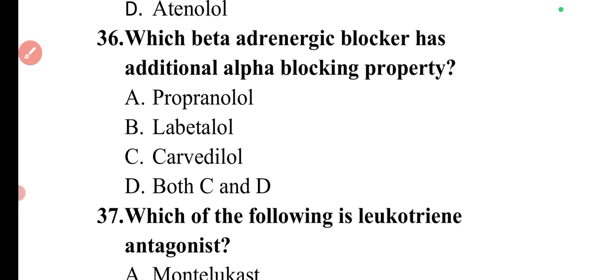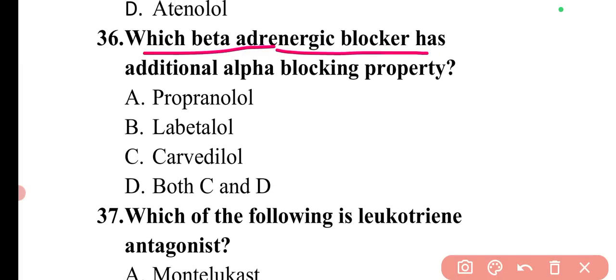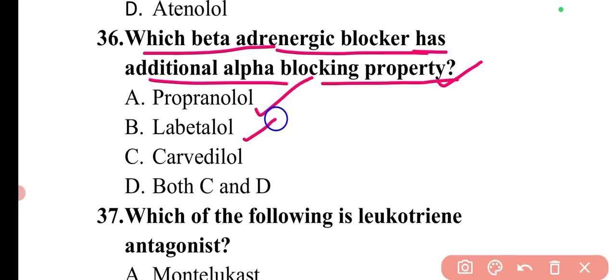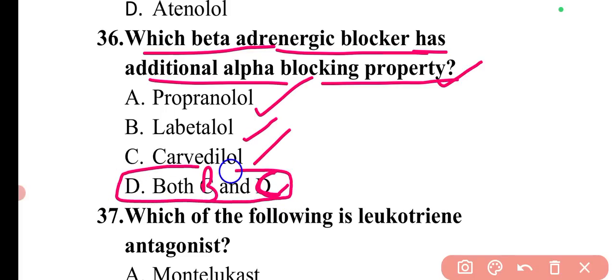Next question is, which beta adrenergic blocker has additional alpha blocking properties? Options are propranolol, labetalol, carvedilol, or both B and C. So the correct answer is option number D, both B and C.